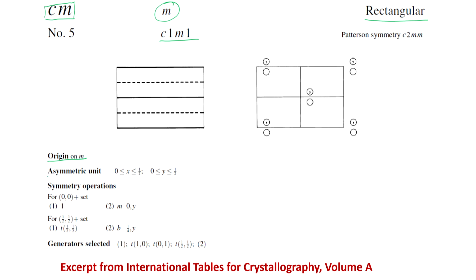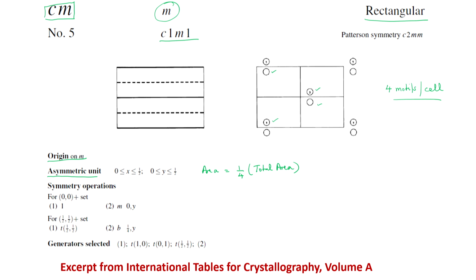Now, here let us look at this asymmetric unit. Let us see how many motifs are there. So, there is 1, I can count all the ones which are inside, 2, 3 and 4. So, there are 4 motifs or a single atom each. So, 4 atoms or 4 molecules per unit cell, and therefore, I expect that the area of the asymmetric unit should be 1/4 of the total area of the cell.